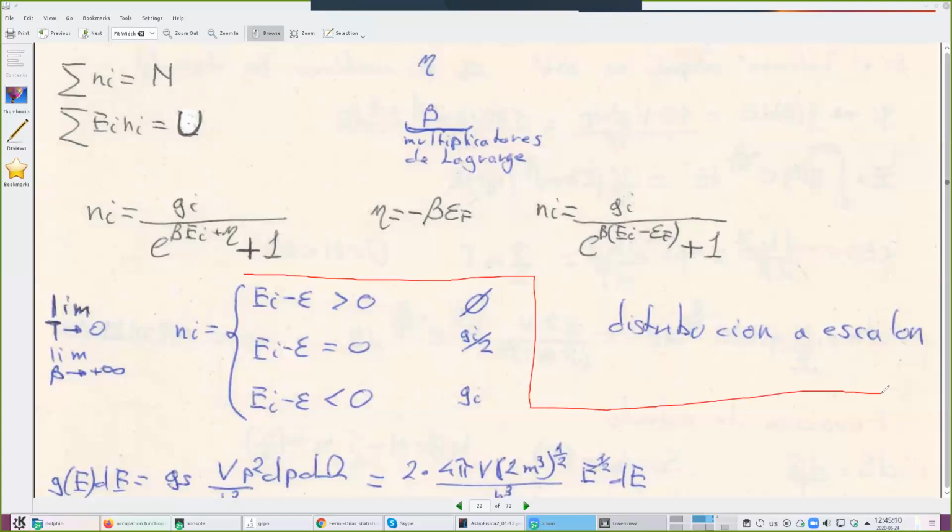In the limit, we have this characteristic: for energy higher than the Fermi energy, this actually should be an F, we have no particles, and below it is completely filled.